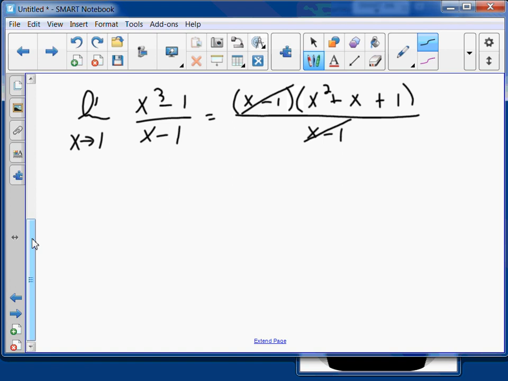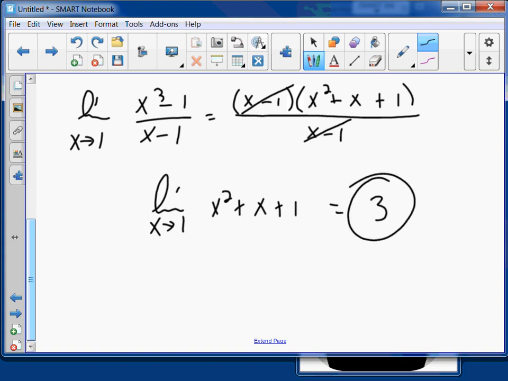The problem is that we got division by 0 because 1 minus 1 is 0. Now that that's gone, we have the limit as x approaches 1 of x squared plus x plus 1, which is 3. Once you get rid of the problem piece, now do a direct substitution. You're always looking to do a substitution.